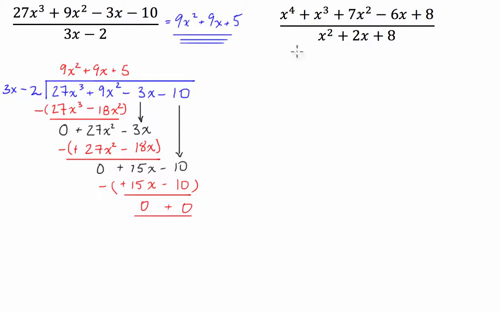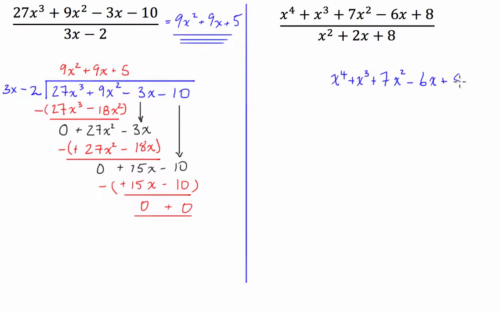So let's do the second one now straight away. I'm going to divide my page in half. Okay, so we have this quartic function, x to the 4 plus x cubed plus 7x squared minus 6x plus 8 divided by x squared plus 2x plus 8.